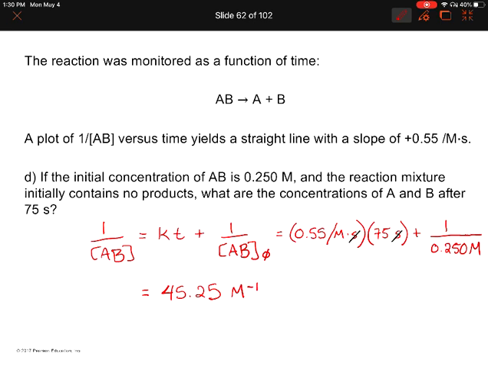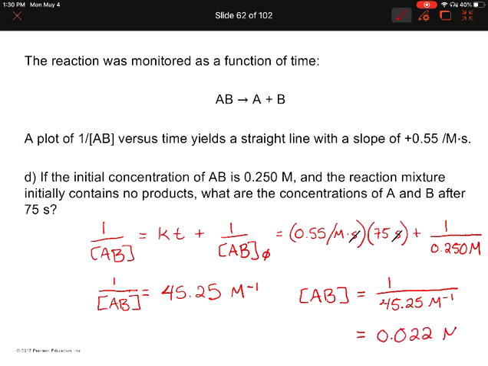Now remember, this is equal to 1 over the concentration of the reactant. So we actually need to rearrange some things to solve for the concentration of AB. So the concentration of AB will be 1 over 45.25 moles per liter. So that should give us a value of 0.022 moles per liter.